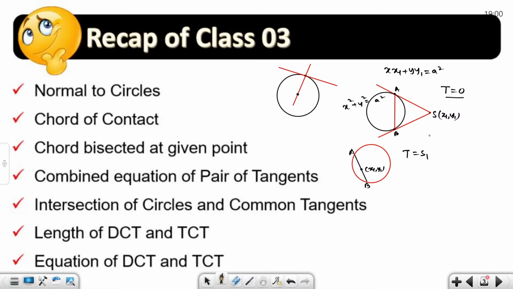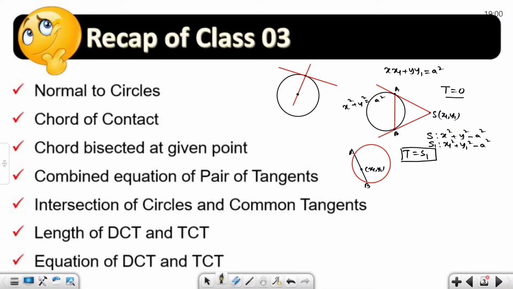What is S1? If the equation of the circle is x square plus y square minus a square equals to 0, then S1 is x1 square plus y1 square minus a square, right? So T equals to S1 is the equation of the chord bisected at the point x1, y1.